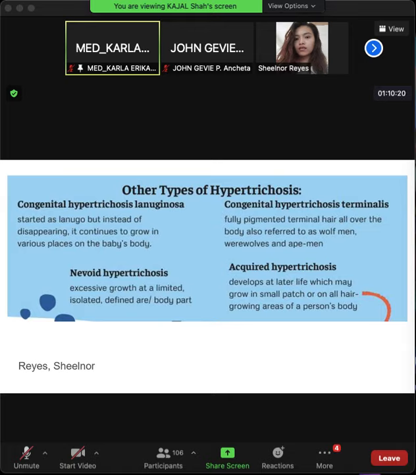This is fully pigmented terminal hair all over the body, also referred to as the wolfman, werewolves, and apemen. In nevoid hypertrichosis, this is the excessive growth at a limited, isolated, and defined area or body part. And the last one is the acquired hypertrichosis. This develops at later life, which may grow in a small patch or on all hair growing areas of a person's body.